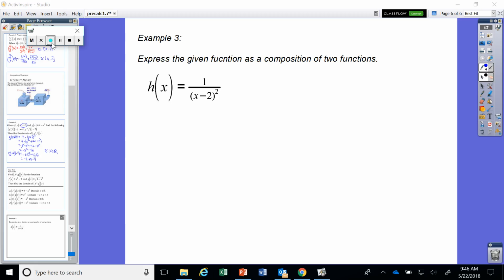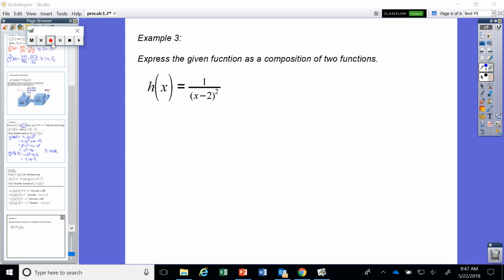So we substituted one function into another, and it gave us this particular function, 1 over quantity x minus 2 squared. So think about it for a sec. I challenge you to pause the video. Think about what the outer function is and what was substituted into said outer function.